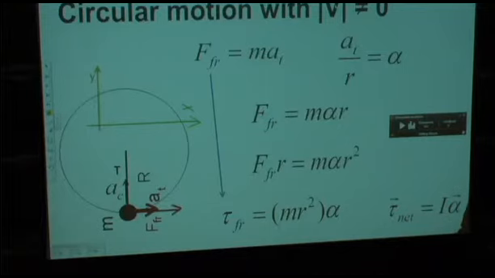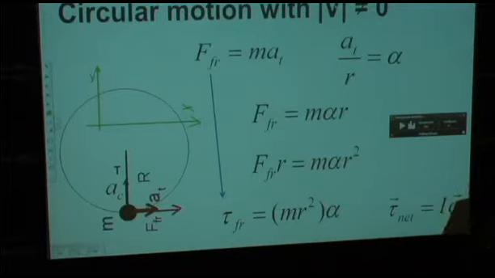What do we have to do next? Well, as we know, the tangential acceleration depends on the radius. But for rotational motion, all parts of this fan have exactly the same angular velocity. All parts of this fan have exactly the same angular acceleration.